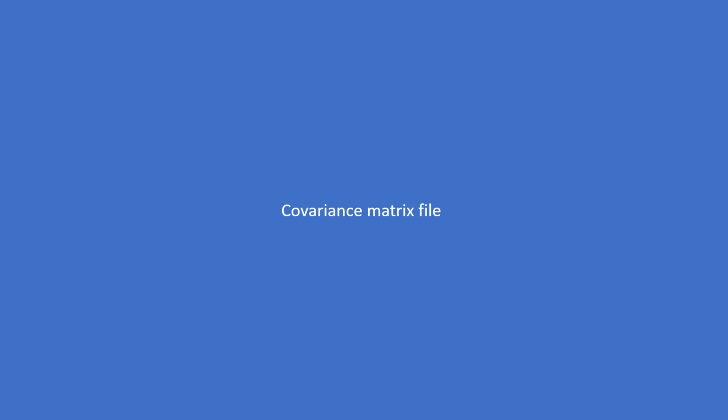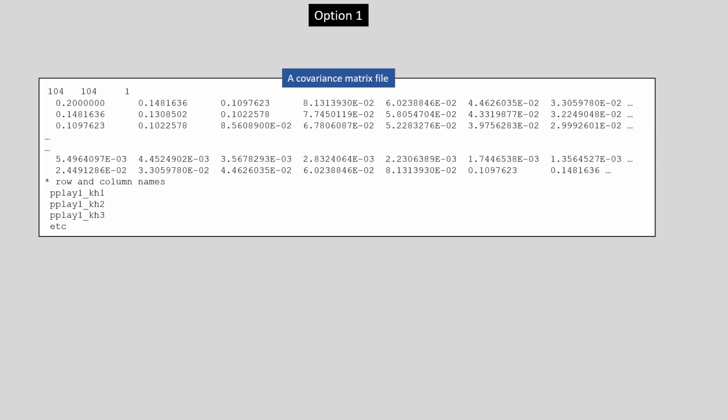Now let's briefly look at how a covariance matrix file is stored. Here's an excerpt from such a file. It's a text file. A large matrix is stored in this file.